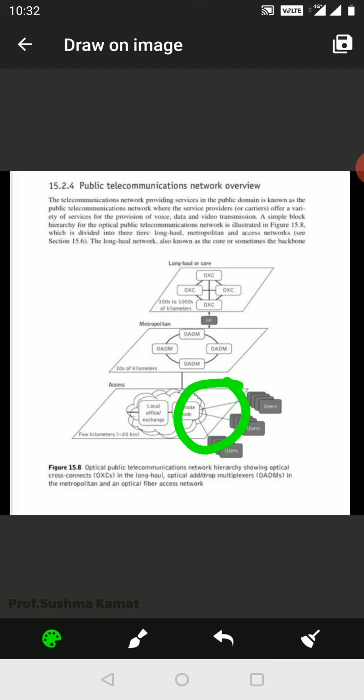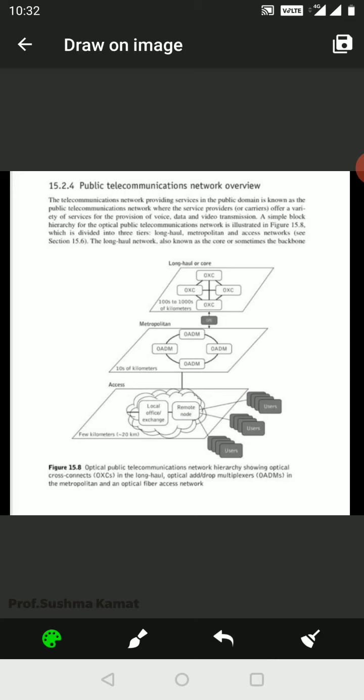Here, if it is a larger metro, then we can go for OXCs, or we can consider the OADM itself. The next one is the access, which is of the lower tier. This has got a remote node which is connected to the local office or the exchange. Here, this remote node will be directly connected with the users, and this can happen over a small area wherein it is a few meters or up to 20 kilometers.